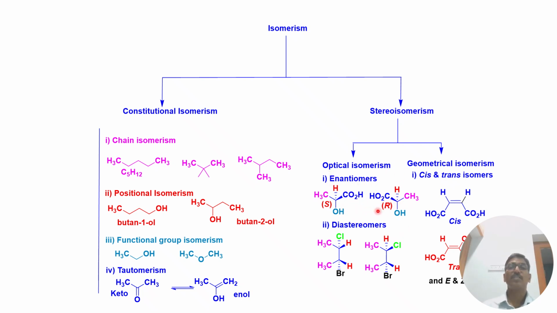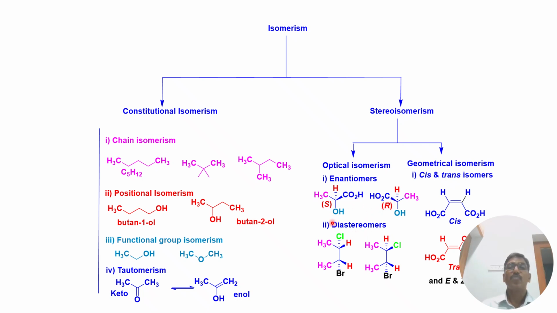The simple definition of enantiomers is that they are mirror images. Two enantiomers are mirror images that are not superimposable. They cannot be superimposed, and they are called enantiomers.